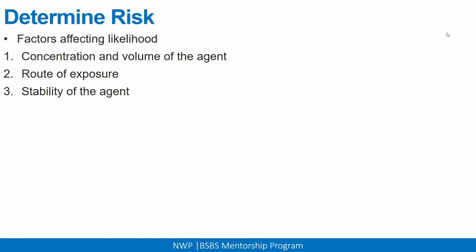It means that everyone that touches that table will get exposed to that particular agent. So the longer it stays stable in the environment, the more the chances of you getting exposed to it.